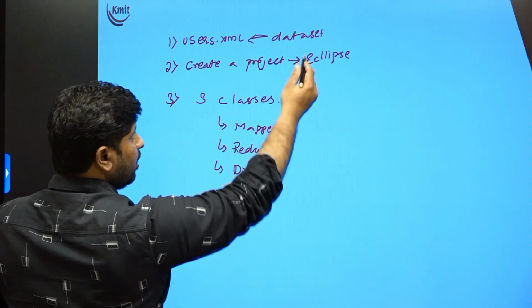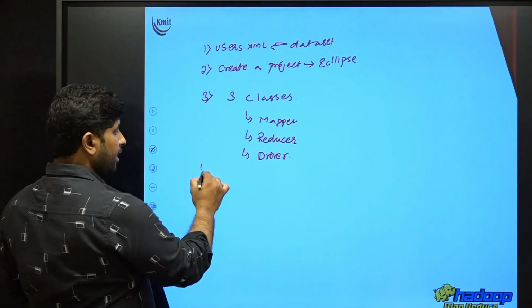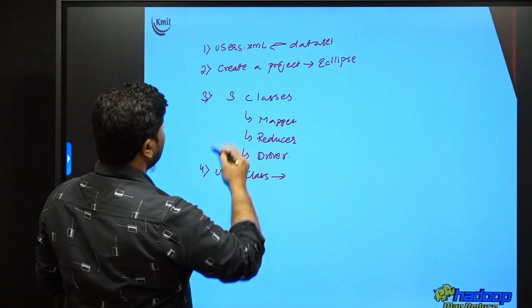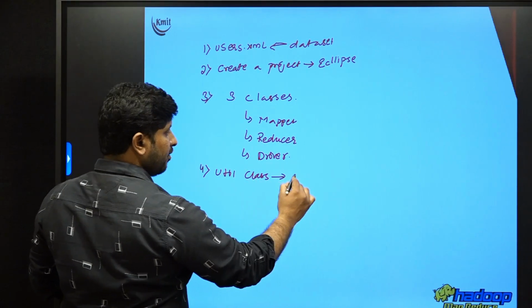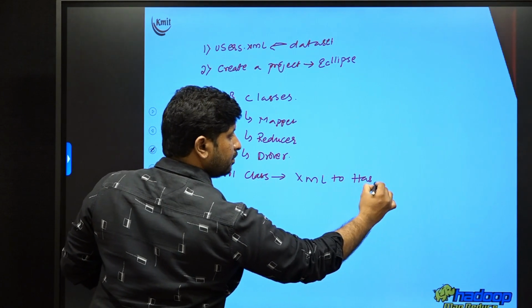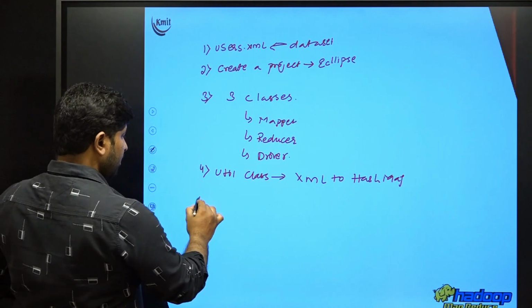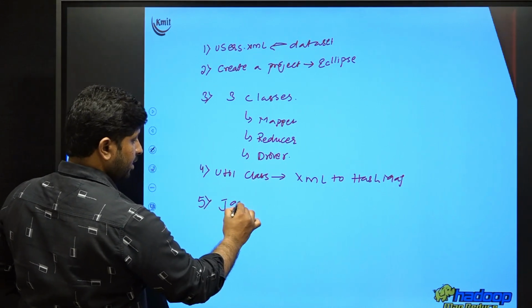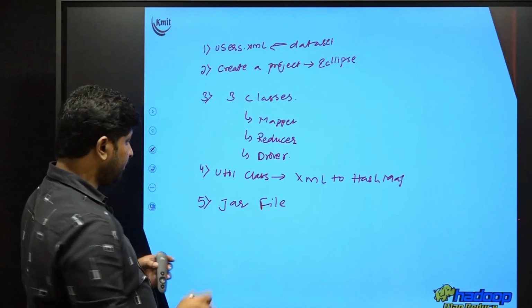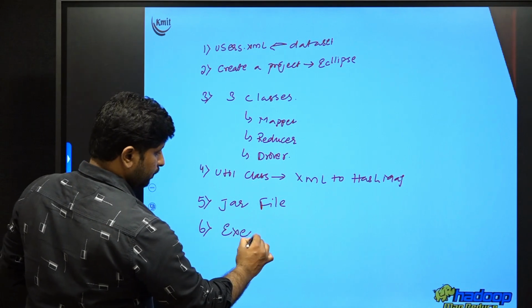And as the data set which we had downloaded is users.xml, fourthly we will create a util class which will be converting our XML into hash map strings, and finally we will be converting it into jar file. We will be exporting it as a jar file, and lastly we will be executing the code.